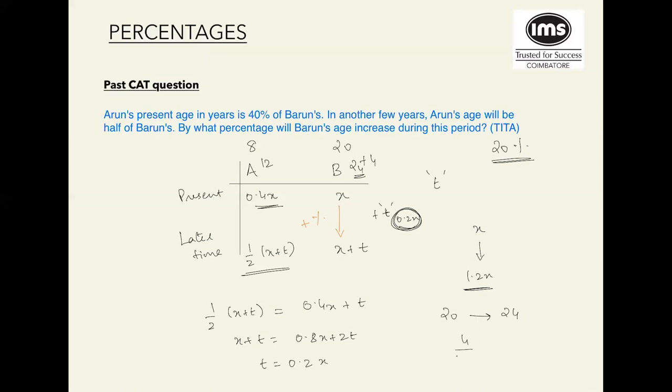So we're looking at 4 by 20 into 100, which is also 20%. This is another alternate simple way of calculating, because the percentage should work for any value. So even if you do it for 10 or 30 or other value, as long as all the criteria match, it should be the same percentage increase.